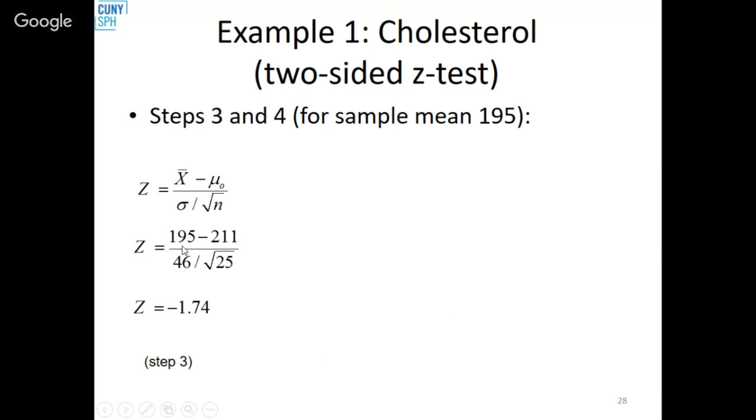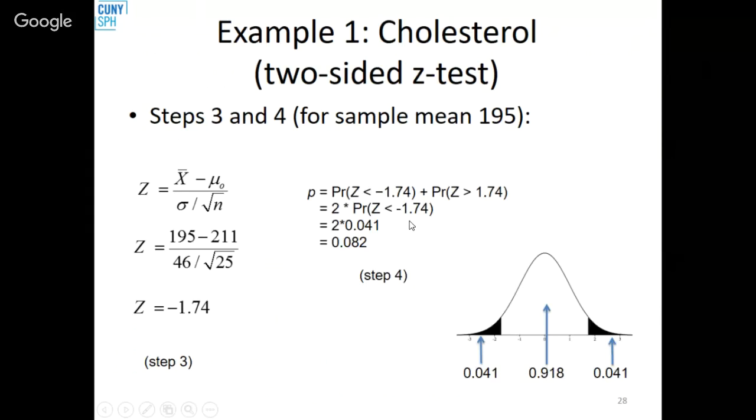Taking this example of 195, I calculate Z here, get a value of minus 1.74. And then calculate the probability of a Z value less than minus 1.74. That's this left tail.